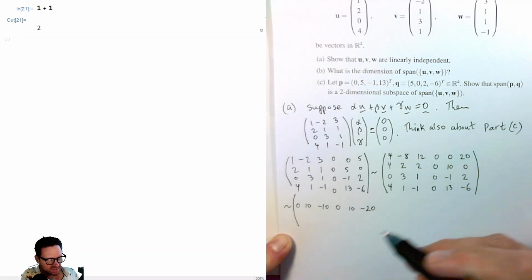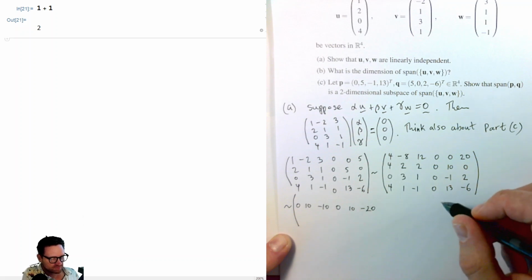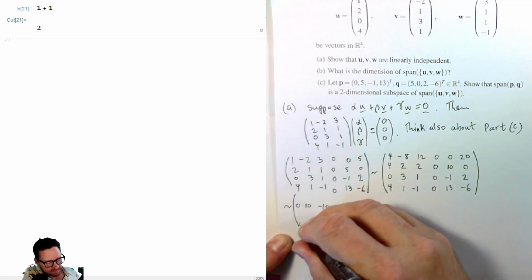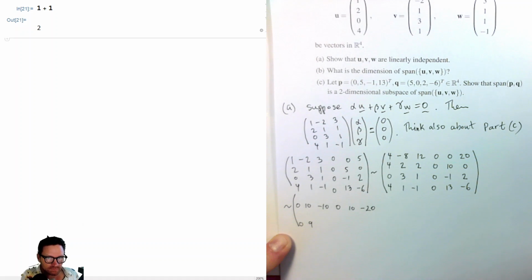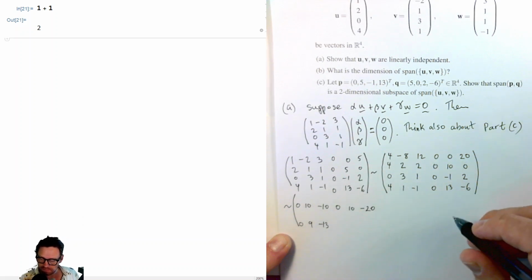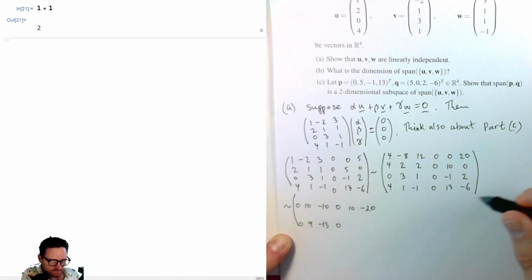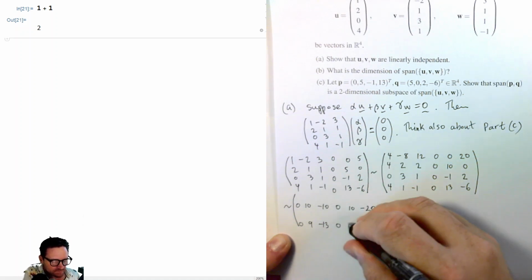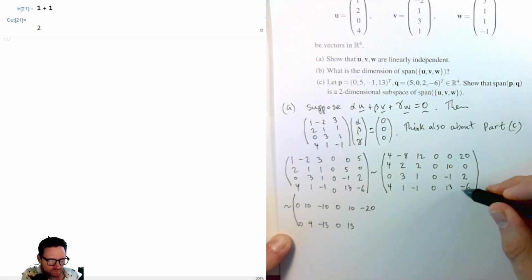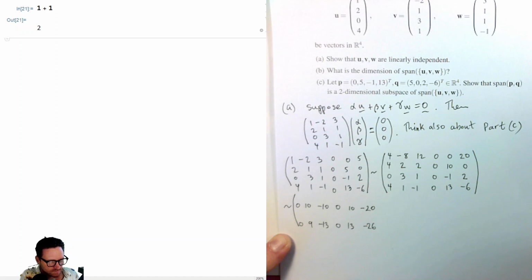Okay, good. Let's replace row 4 with row 4 minus row 1. Okay, great.